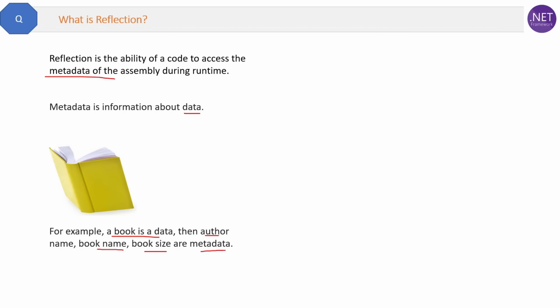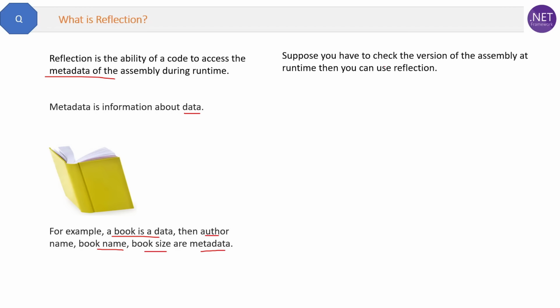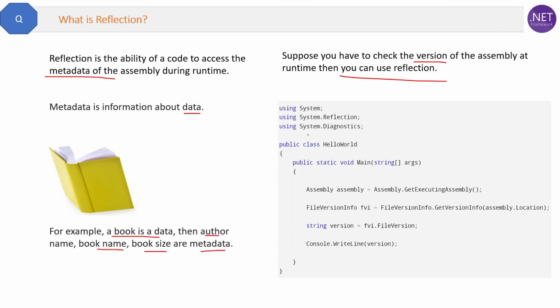Now the question is when there is a requirement to write code for reflection. Suppose you have to check the version of the assembly at runtime, then you can use reflection. This is one case. There can be many other possible scenarios, but this is one case. For example, suppose this is your code and the HelloWorld class is running inside some assembly, right?